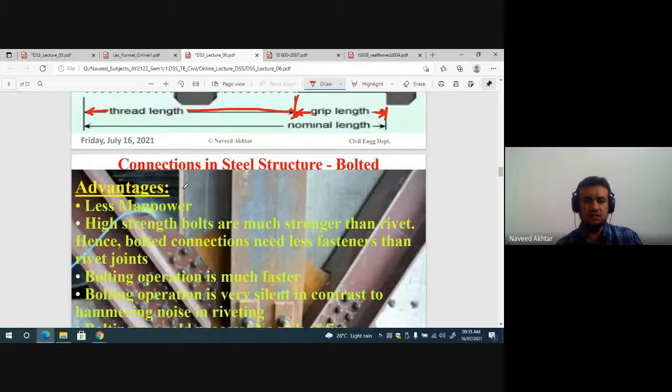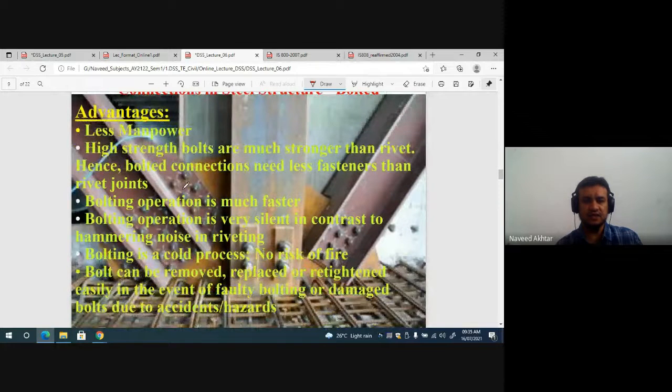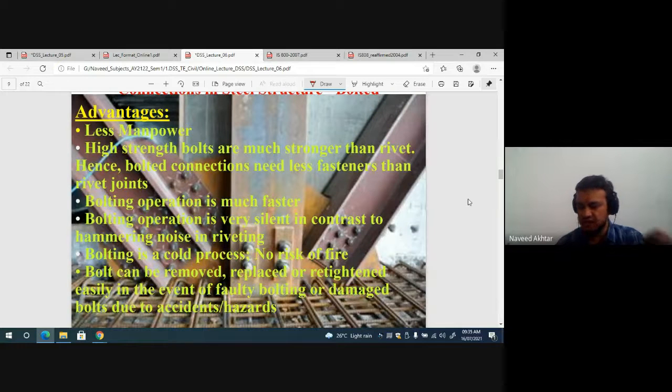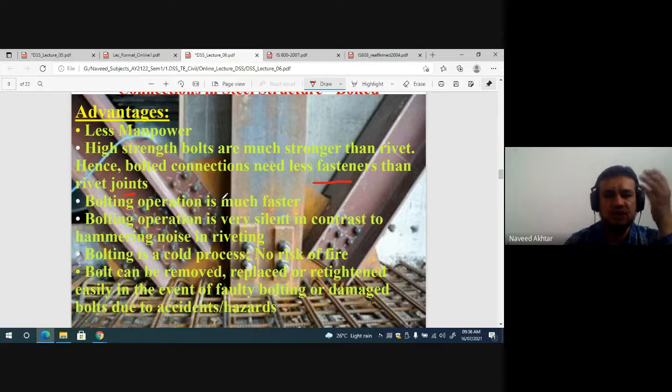And now we will come to the advantages of the bolted connection. The advantage of bolted connection is we require less manpower because unskilled labor can also do the bolting. No skill is required, just fit in the bolt and tighten. High strength bolts are much stronger than the rivet, hence a bolted connection needs fewer fasteners than the riveted one. So the strength of a high strength bolt is much more than the rivet.